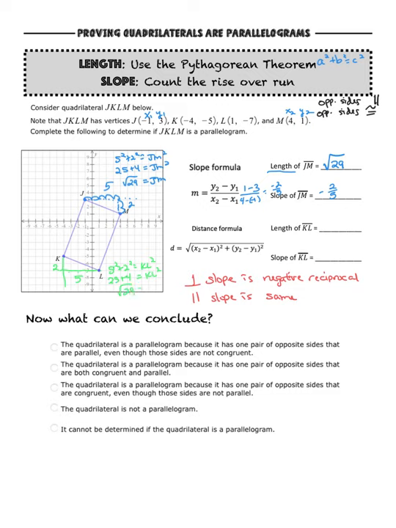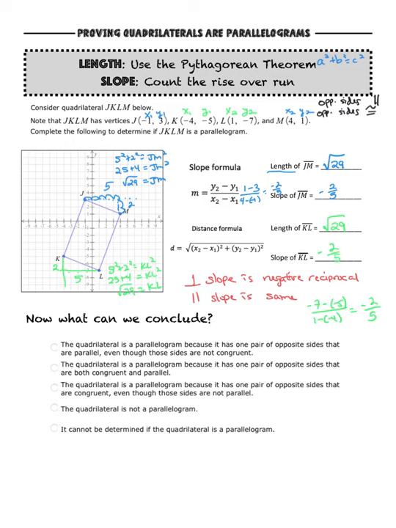Square root of 29 equals KL. Leaving it as the exact answer, leaving it under the radical. Let's look at the slope of KL. x1, y1, x2, y2. And I'm going to do that down here, down below the red. So negative 7 minus negative 5 over 1 minus negative 4 gives me negative 2 over 5.